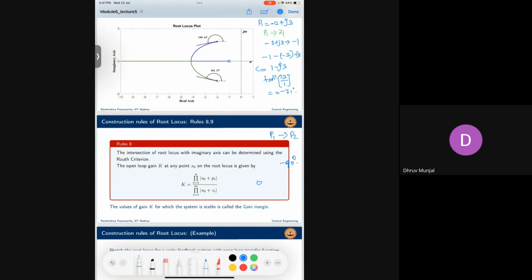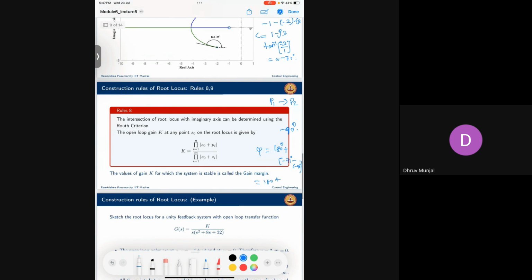So this psi would be 180 plus minus 71 minus of minus 90. So it will be plus 90, 180 plus 90 minus 71. This will give you some value related to 270, okay, this will be 198 degrees, right? Around 199 something, around you will get.